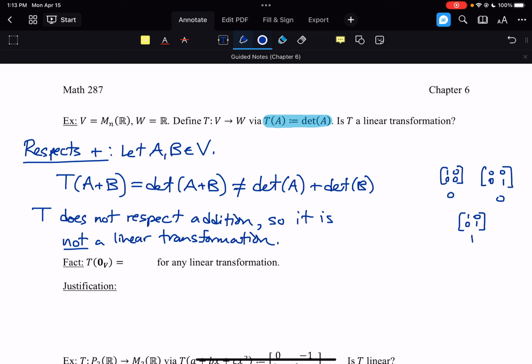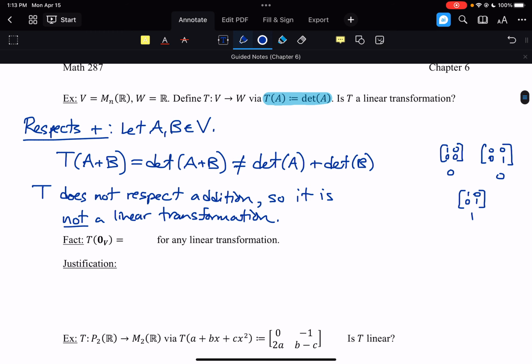So one interesting fact about linear transformations that can also help us as we're going through this process: if you were to transform the 0 vector in V, so that's the 0 vector for the vector space V, the input vector space, that will give you the 0 vector of W, the output vector space, for any linear transformation.